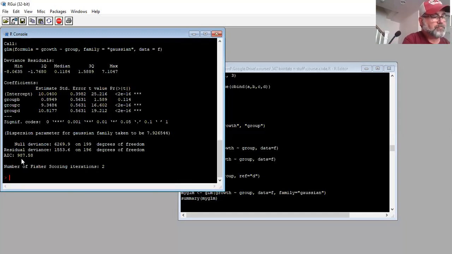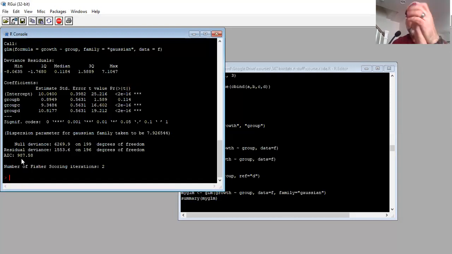All right, what else do I have going on here? The likelihood ratio test, there's 2 of those. And so the likelihood ratio test allows you to compare 2 different models.